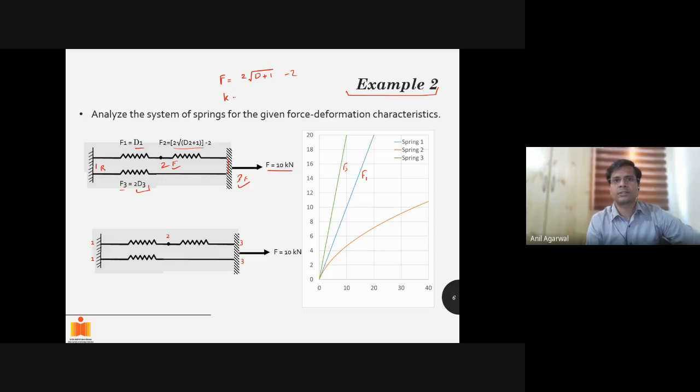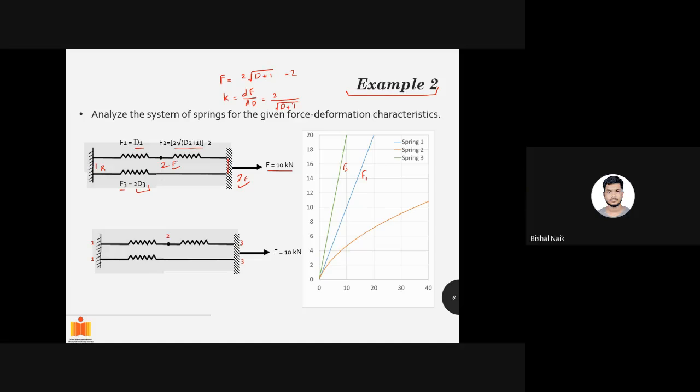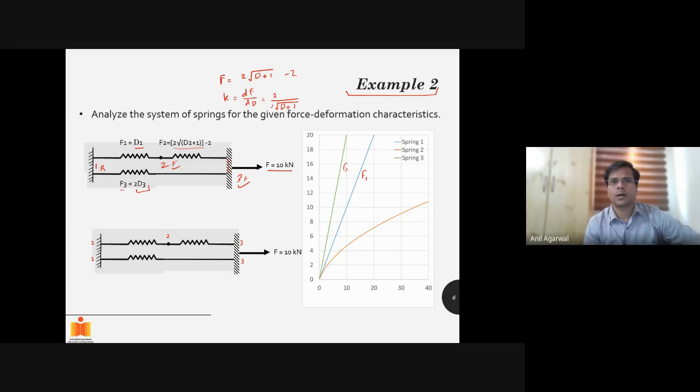If I want to calculate the stiffness of this one as a function of D, what will be the stiffness? That will be a derivative with respect to D. It will be basically 2 divided by square root of D plus 1, and another half.